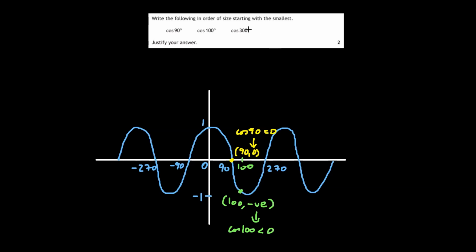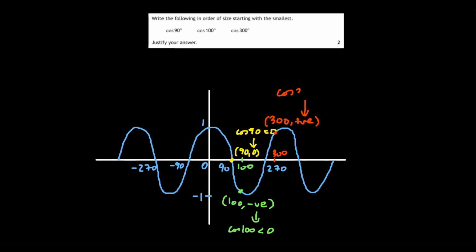And the final point is 300. So that would be over here somewhere. So 270, that would be 360. This would be 450. So 300 would be over here somewhere. So the y coordinate isn't quite 1, but it's still positive. So it would be 300 and then the positive y coordinate.